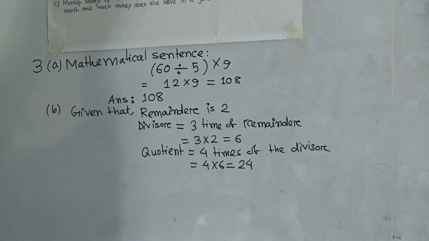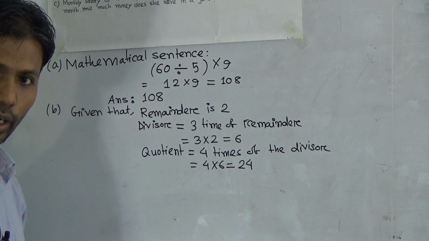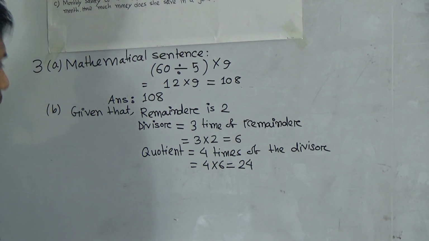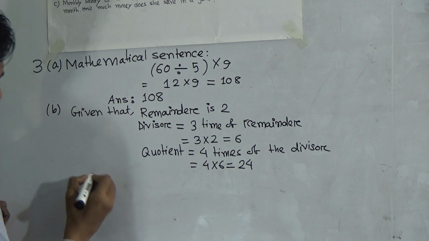Yes, student, we know a formula. Dividend equals what? Dividend equals divisor into quotient plus remainder. Okay, now write the formula.